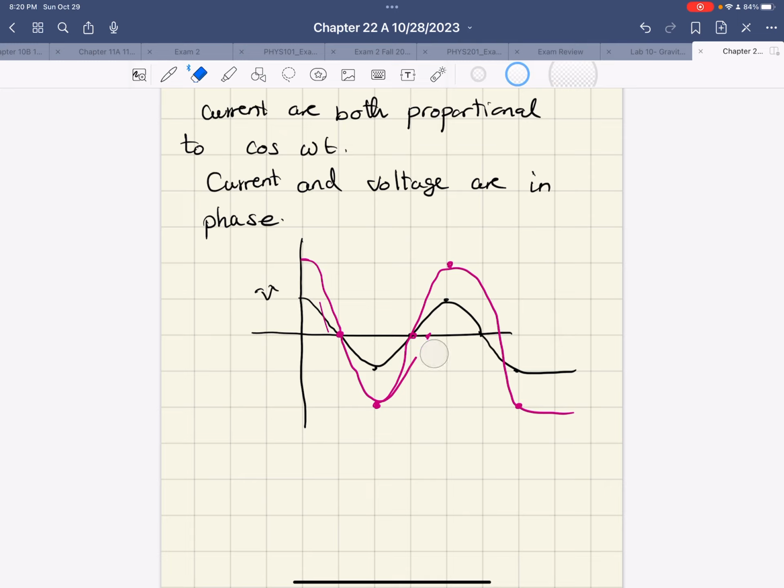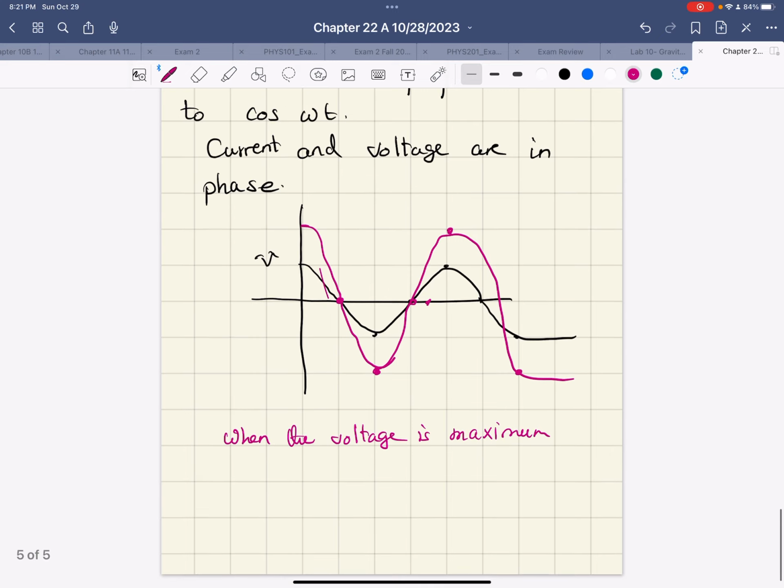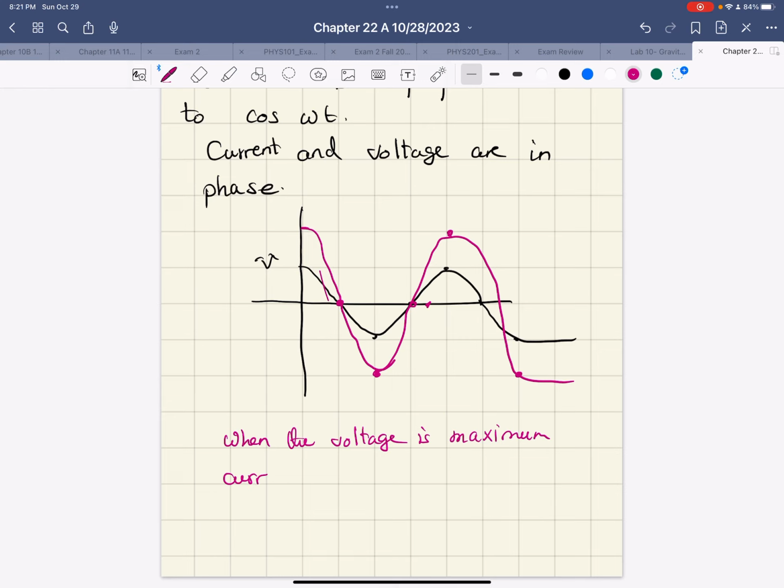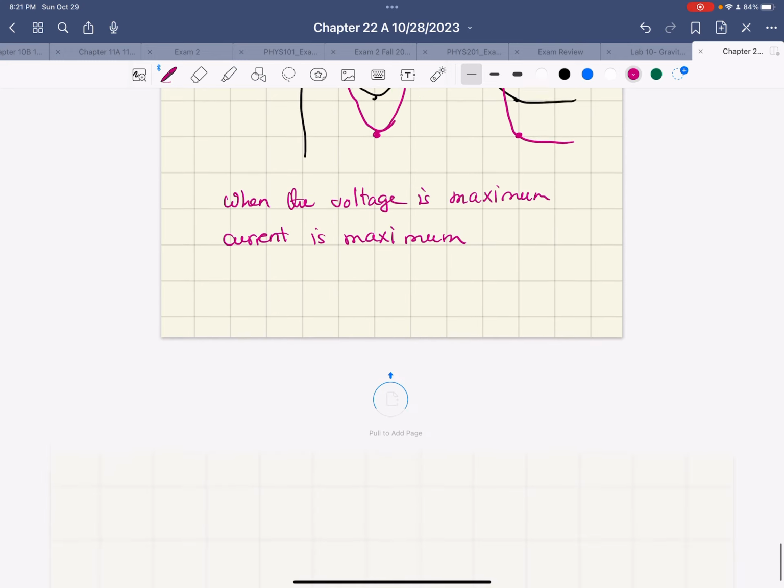Which means when the voltage is maximum, current is maximum also. We call this in phase.